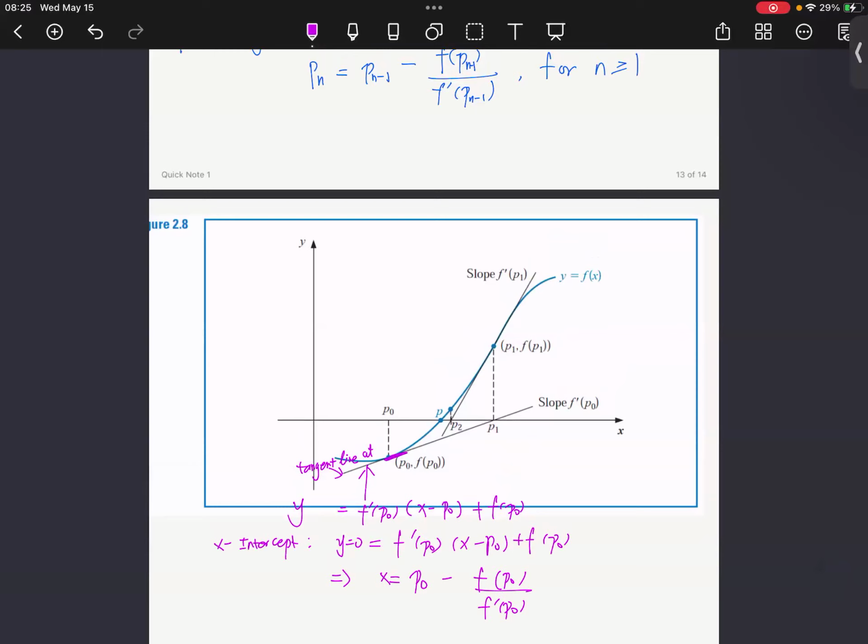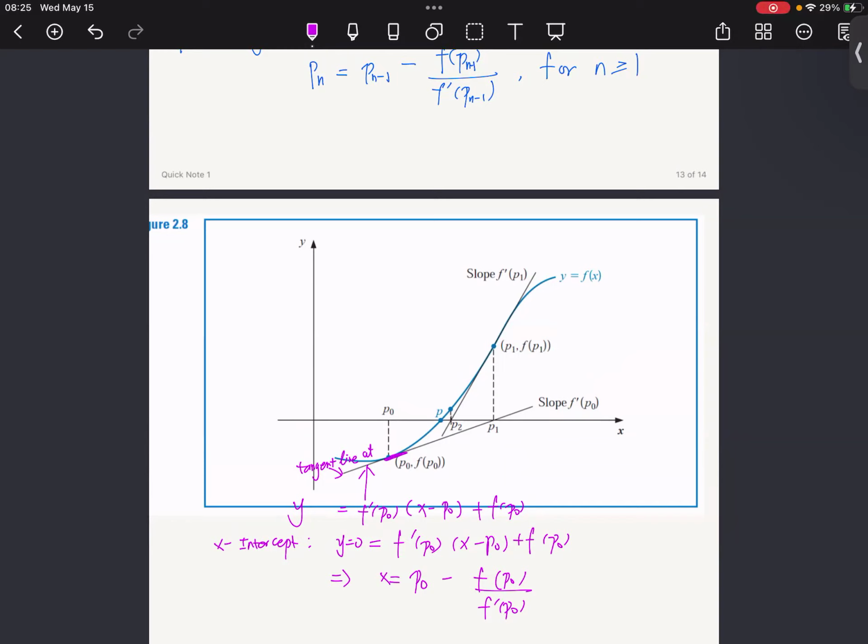This is p1. So in this picture, this is the function f, and we draw the tangent line at the initial point here, and the x-intercept of this tangent line is just the next number in the iteration sequence.